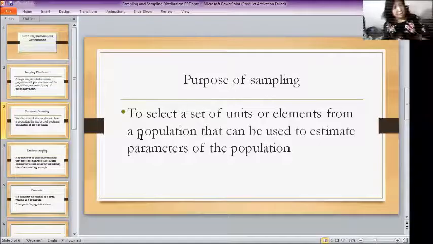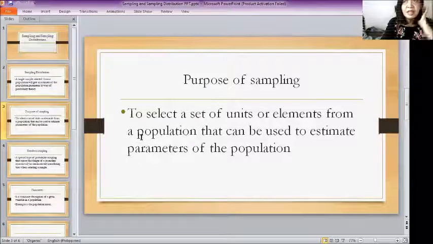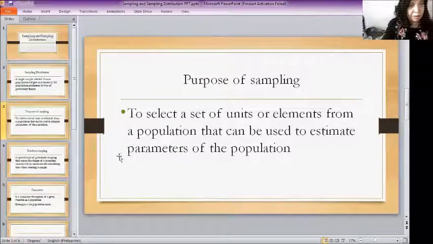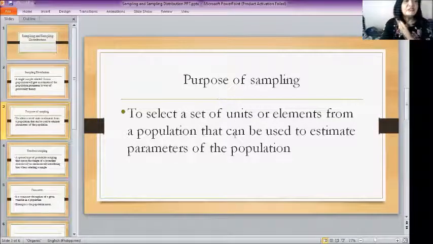Okay, what is the purpose of sampling? Why do we need to get samples? Since we already know about population and sample, sampling is the process by which you get samples. The purpose of sampling is to select a set of units or elements from the population, that is, obtaining samples that can be used to estimate the parameters of the population.